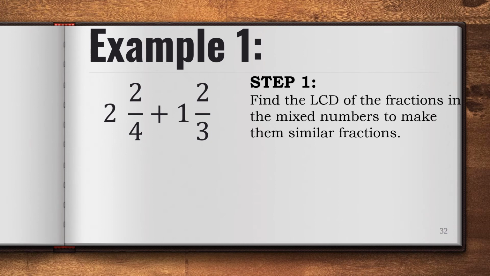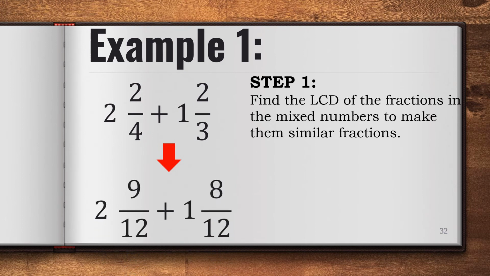But if we already have similar fractions on the fraction part, we will now disregard this step. But in our case, we do not have similar fractions. So we have to identify the LCD of these two. So what is the LCD of 4 and 3?